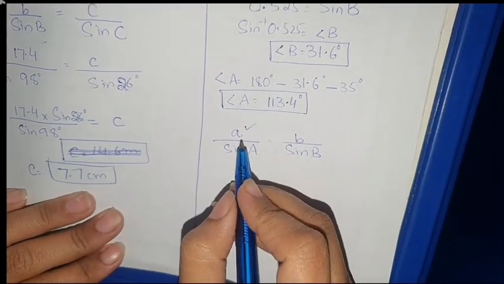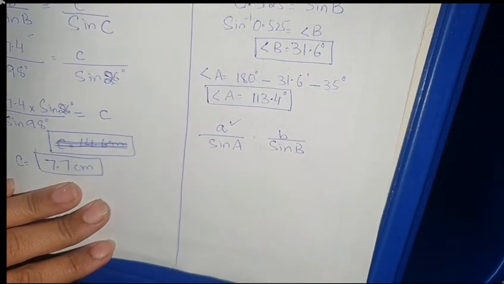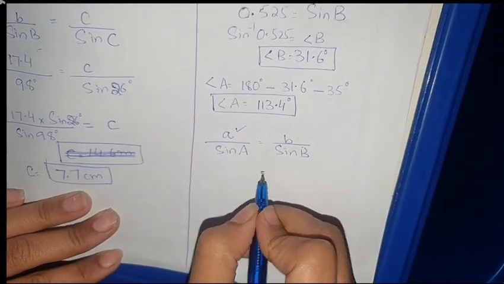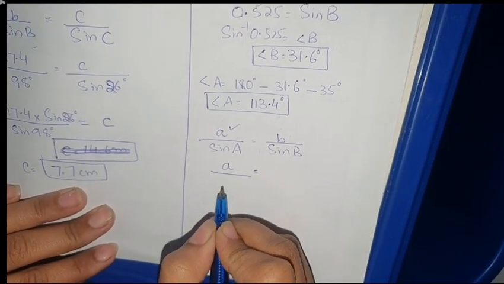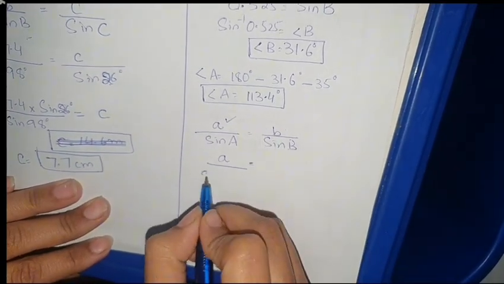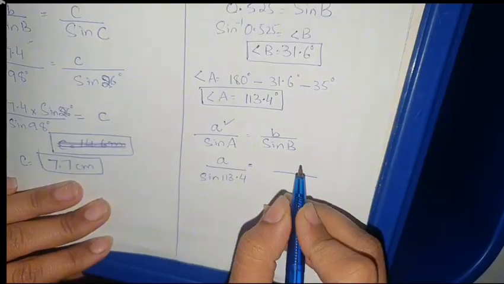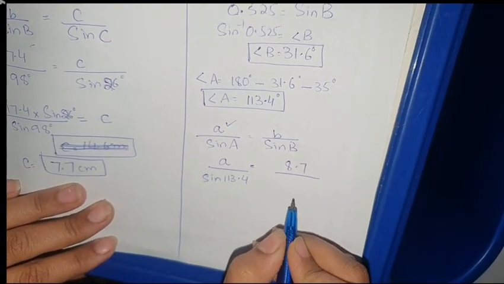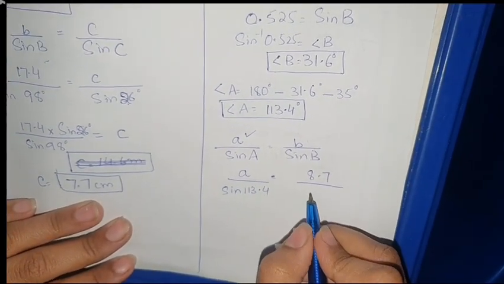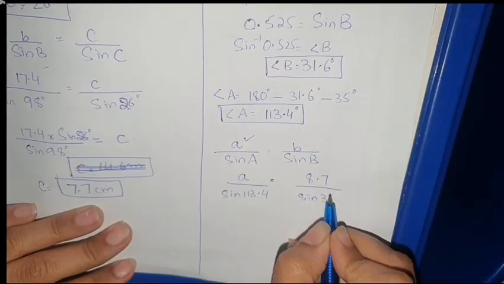Okay, now we don't know A and we know all the other things. So what is sine A? Angle A we know, this is sine 113.4. Side B we know, 8.7, and angle B we know, this is sine 31.6.